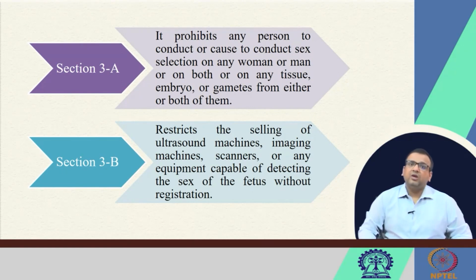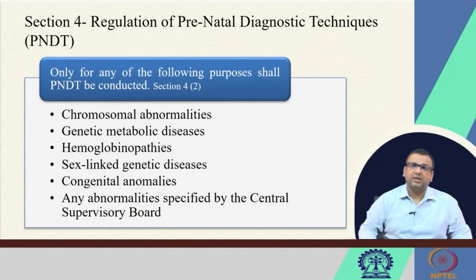Section 3B restricts the selling of ultrasound machines, imaging machines, scanners or any equipment capable of detecting the sex of the fetus without registration. So, registration is mandatory, otherwise one is held liable and punished. These are mentioned in this act.